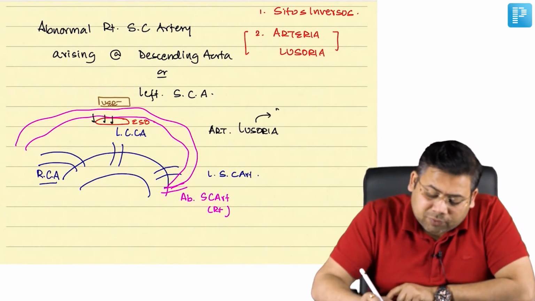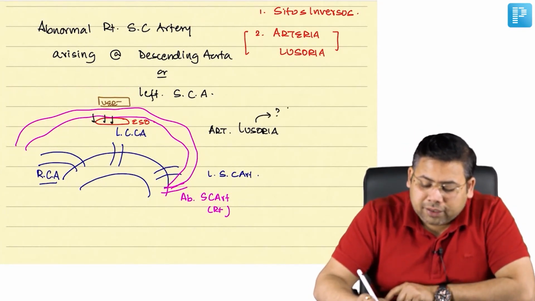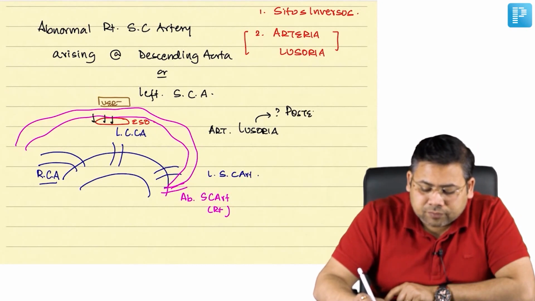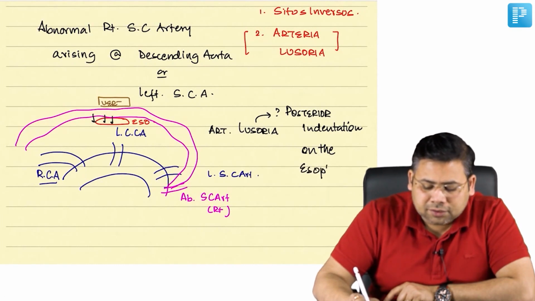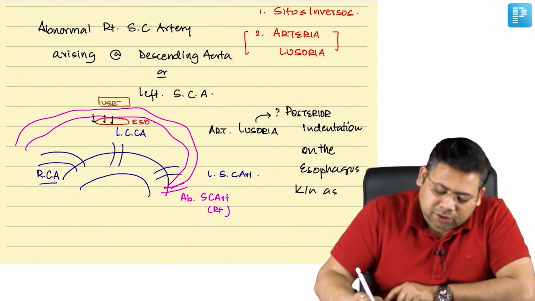So the concept of dysphagia lusoria is the posterior indentation on the esophagus.